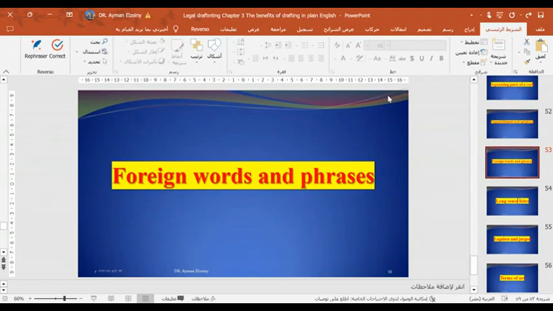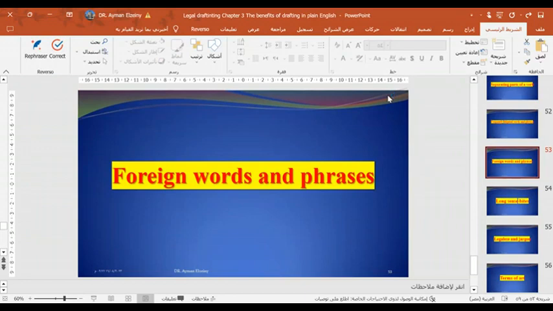Another example, "force majeure" is commonly used in contracts. It is French, Law French. It means an event which can neither be anticipated nor controlled.